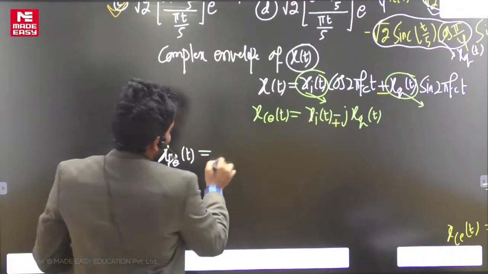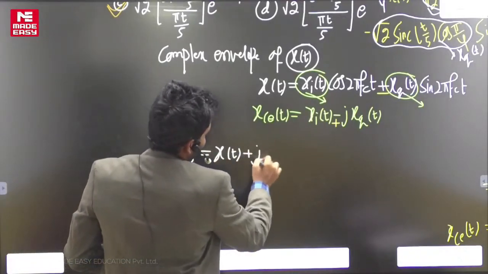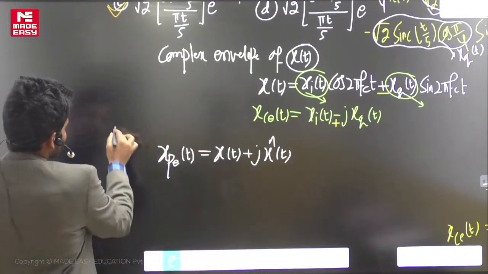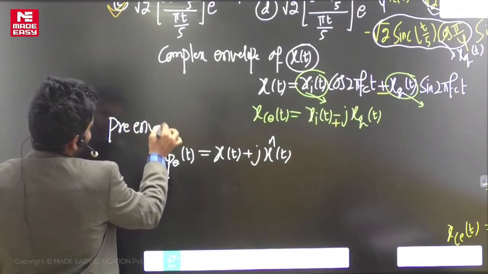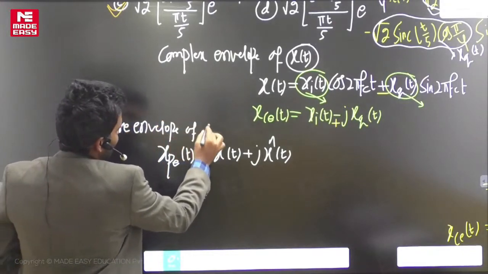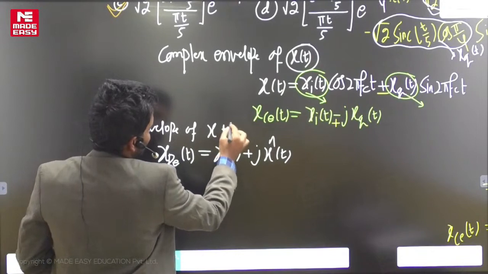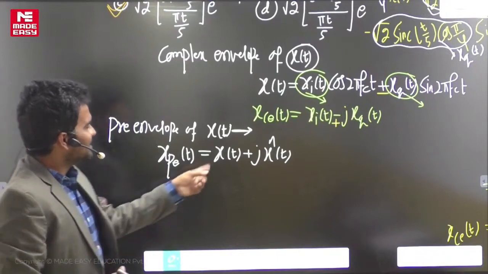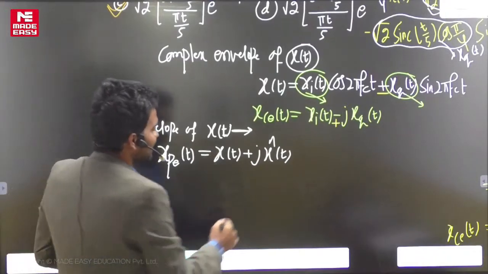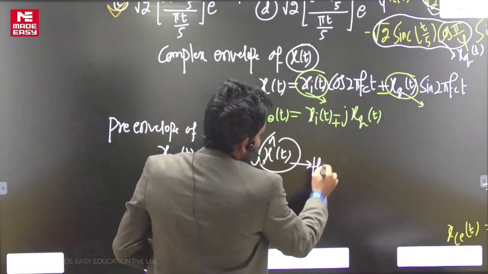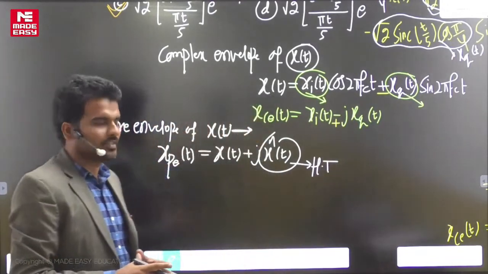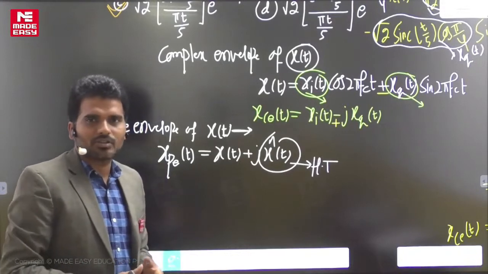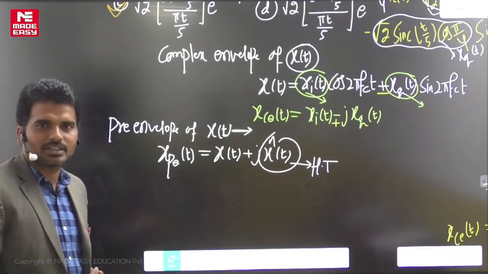It is given by x(t) plus j x̂(t), where x̂(t) is the Hilbert transform of x(t). Finding the pre-envelope has never been asked in the GATE examination till now, but maybe you can expect it, so take care of this.